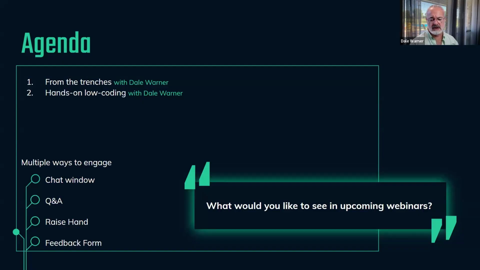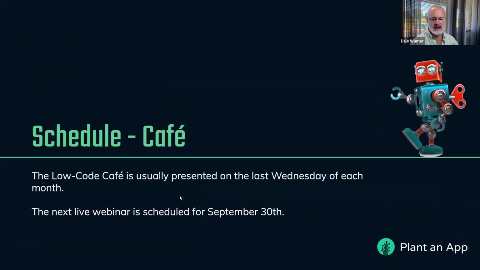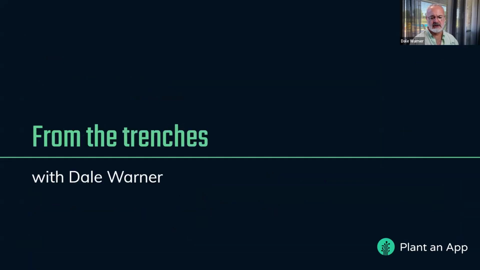You can raise your hand and ask questions if you like, and at the very end there'll be a feedback form, and we would hope that you would give us feedback on what you saw or what you'd like to see in upcoming versions. The next live event is scheduled for Wednesday, September 30th. So again, last Wednesday of each month is our plan.